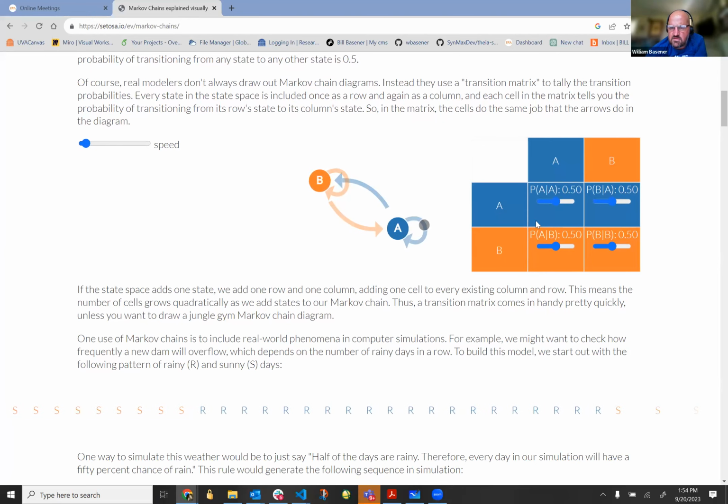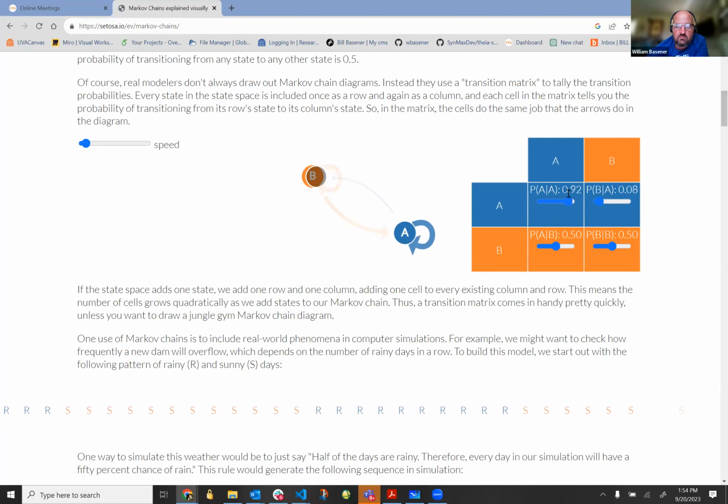This side over here is the probability that it's going to be in A given that it's in A right now, and that's 0.5. We could increase this probability. So if it's in A, it's going to stay in A 92% of the time. Oh, look, it switched over.